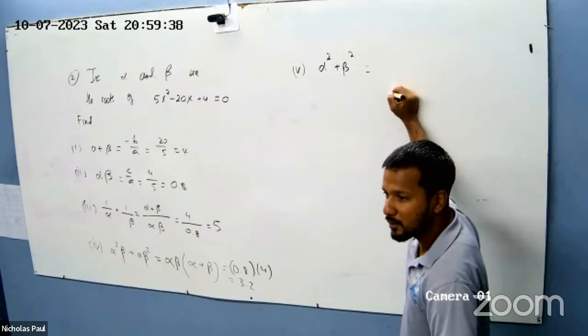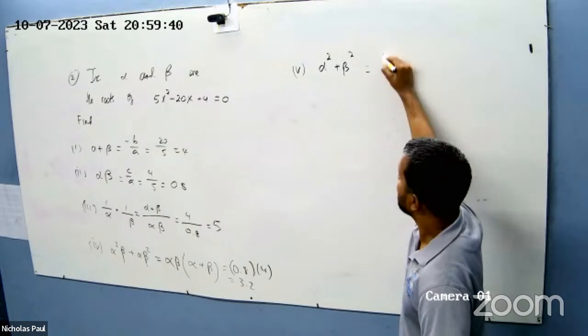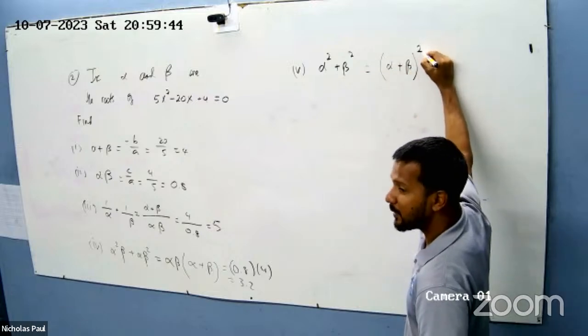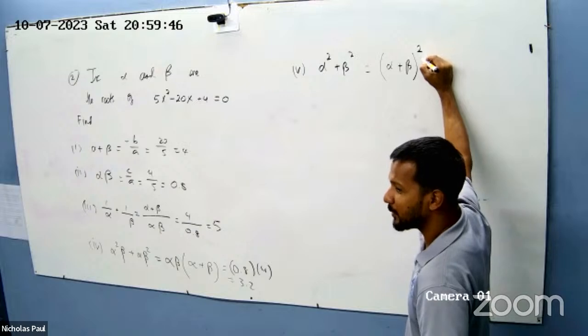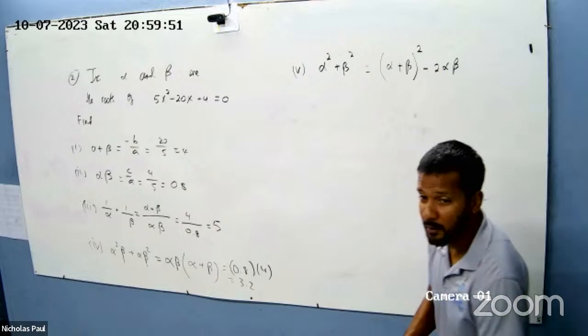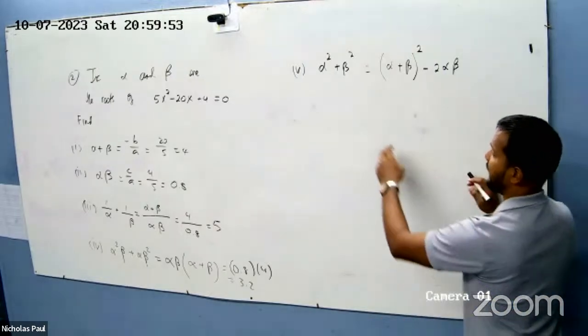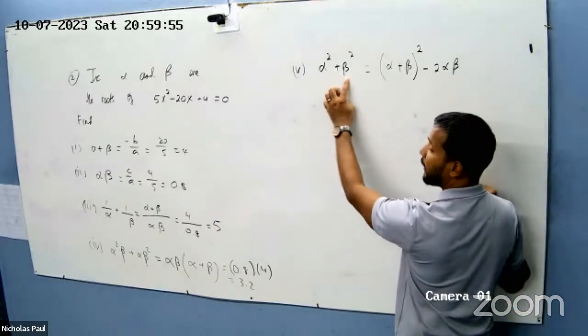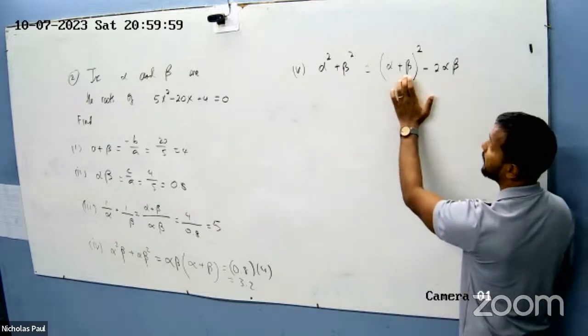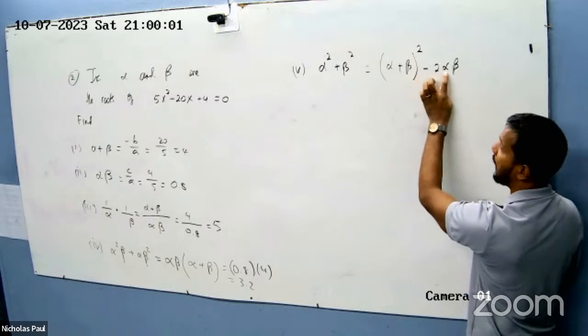Remember? It was alpha plus beta all squared and we minus something. So if I ask you to find alpha squared plus beta squared, that expansion is this: alpha plus beta whole squared minus 2 alpha beta.